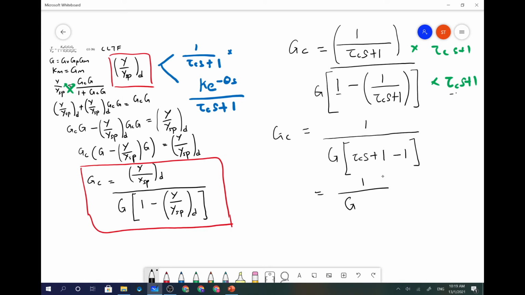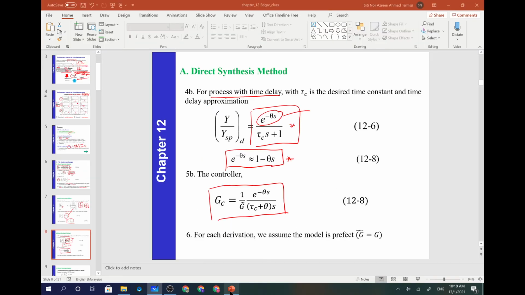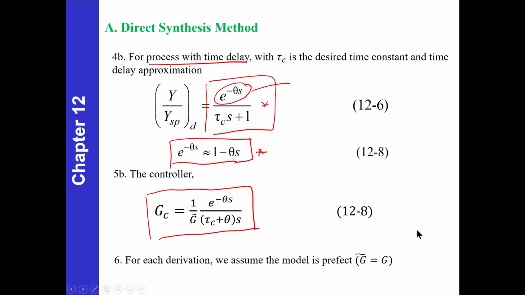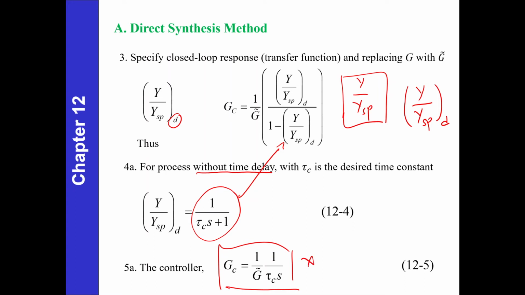divided by tau CS. So the GC, that's why you should get this equation. Put it like this.